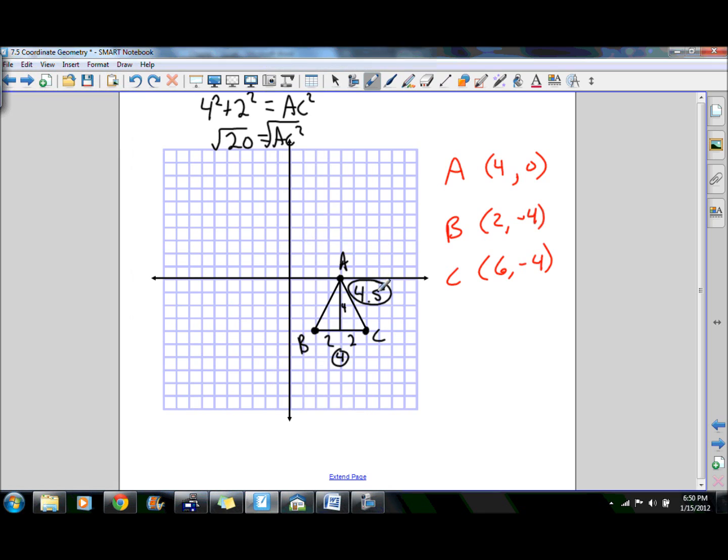Because this is 4.5, this should also be 4.5, which gives us a hint about what this is. That means this is a polygon. It is a triangle, and the type of triangle it is is isosceles, because 2 of the sides are the same, 4.5 and 4.5. Alrighty.